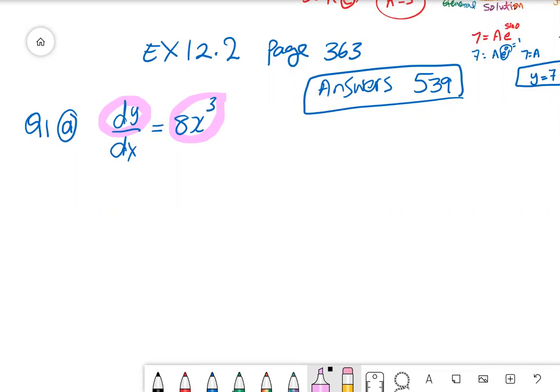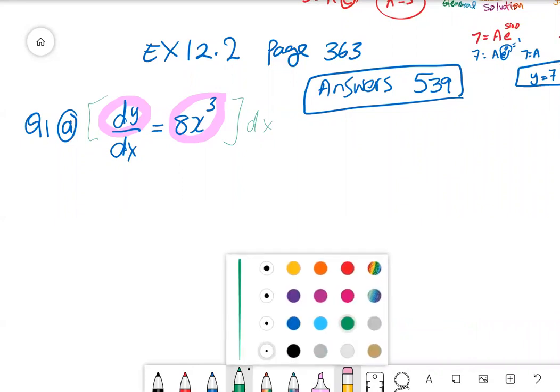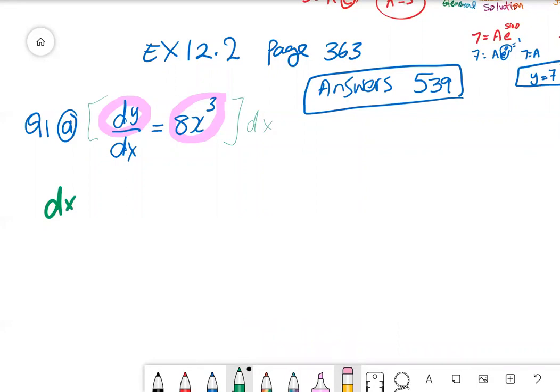Then the dx cancels on the left side, giving dy equals 8x cubed dx.